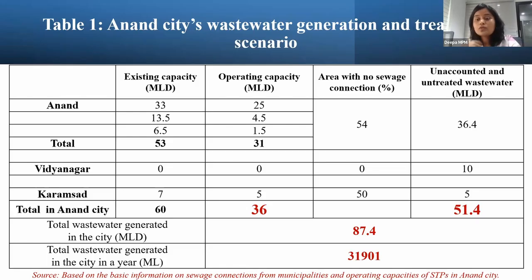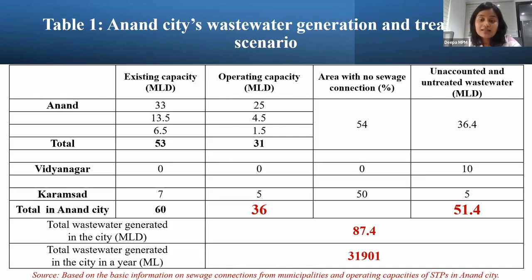I could arrive at the figures on unaccounted and untreated wastewater through unconnected sewage lines in the city as a whole through interactions with the municipality officials. I calculated that 51.4 MLD is the untreated and unaccounted wastewater generated on a daily basis in Anand.